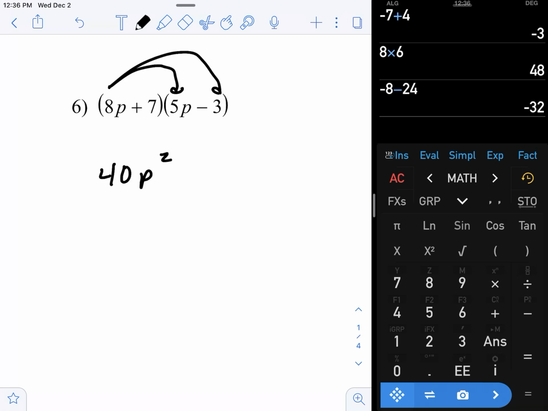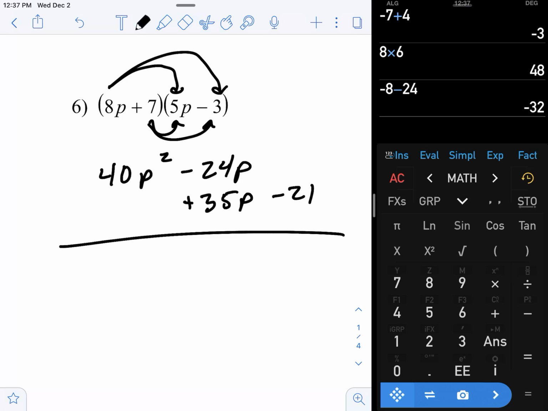Okay. 8 times negative 3, negative 24p. All right. Now go with the 7. 7 times 5p is 35p. That's a plus. 7 times negative 3, negative 21. All right. And again, we're lining that up.